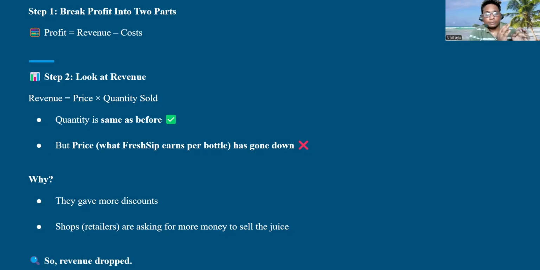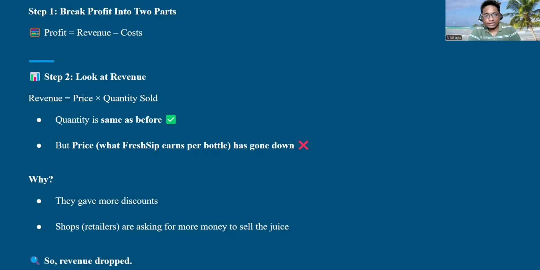So the second point is, but what Fresh Ship earns per bottle has gone down. So price is same, but what they earn per bottle, the margin, right? Suppose they were earning 5 rupees per bottle, it has gone down to 1.5 or 2 rupees. So price is same, quantity is same, but the margin Fresh Ship is earning per bottle has gone down.